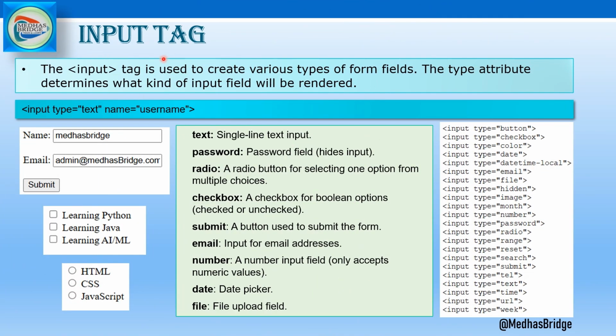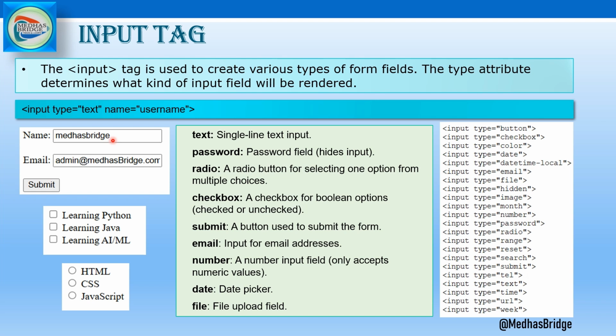Like we discussed, the input tag is used to create various types of form fields. The type attribute determines what kind of input field will be rendered. What that means is, see, we discussed these: these are the text fields, these are the labels, this is a button. So is it always a text field like this?